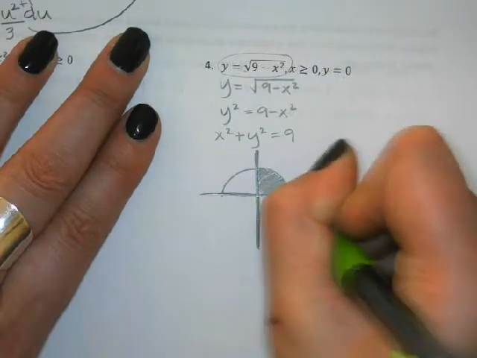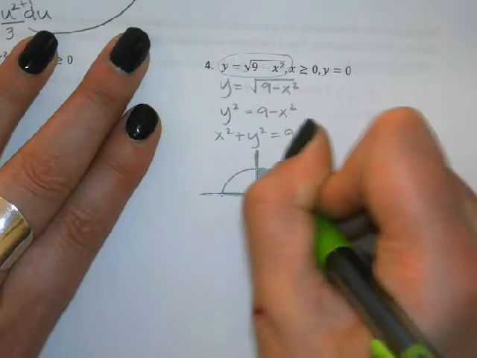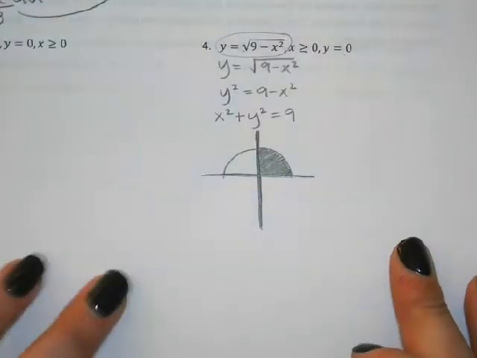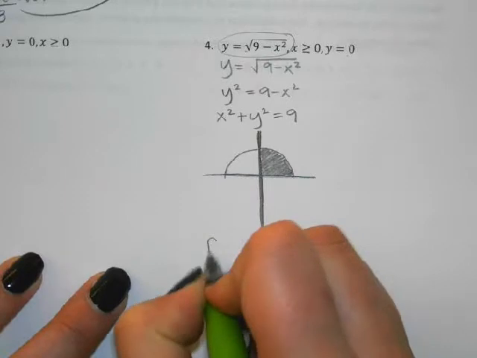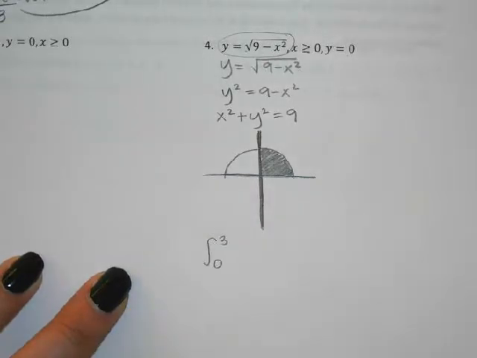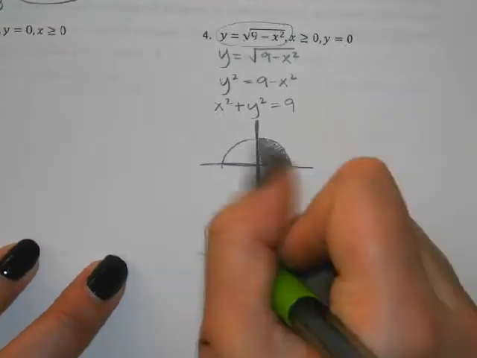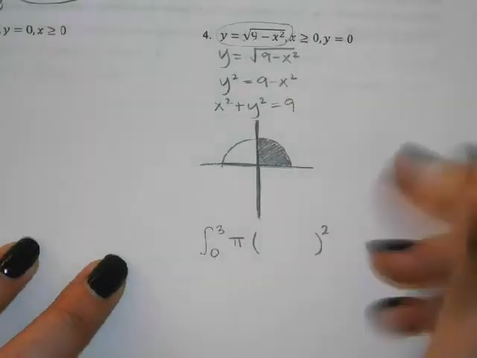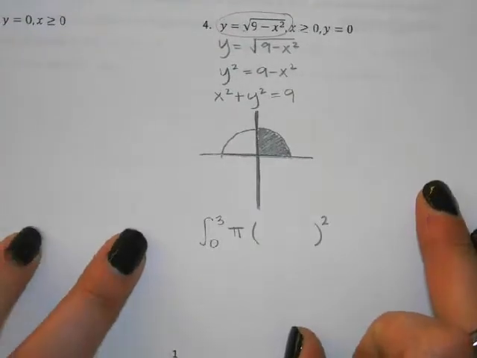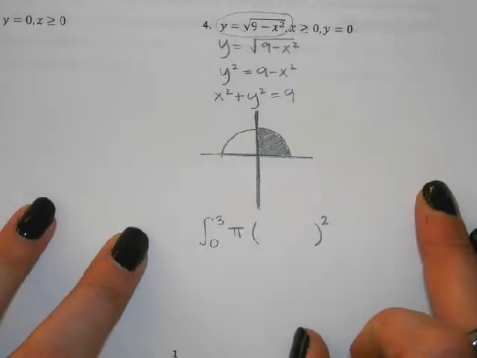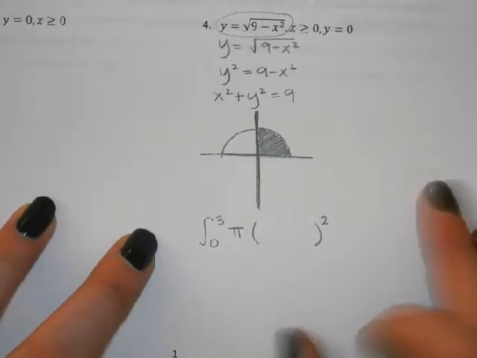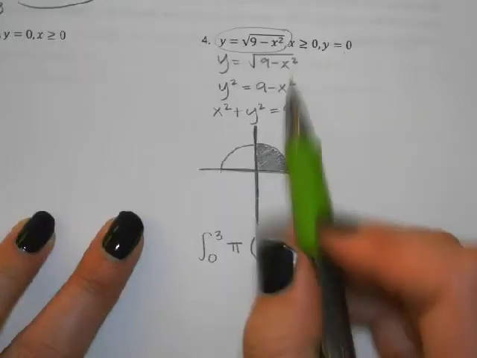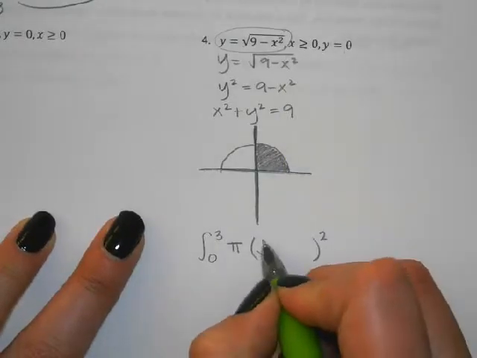All right, so what is our interval? Yeah, 0 to 3, because that's the radius. And we have pi r squared, and the r value is going to be top minus bottom. So what's the top? Square root of 9 minus x squared.